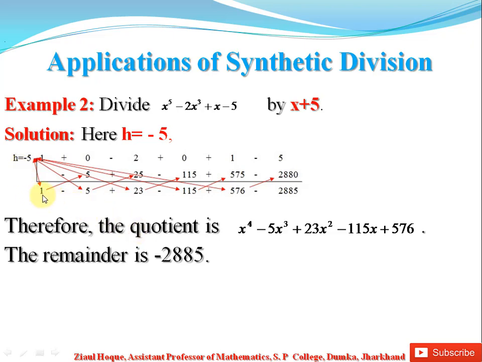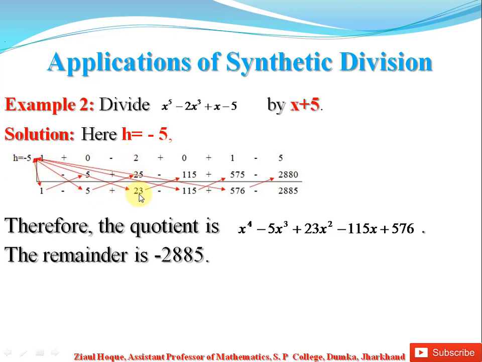Now in the previous process, h is multiplied by b0, this is b0 h, and written below the 0, this gives minus 5. Minus 5 into minus 5, this is 25, which is written below minus 2, plus 25 minus 2 gives 23.